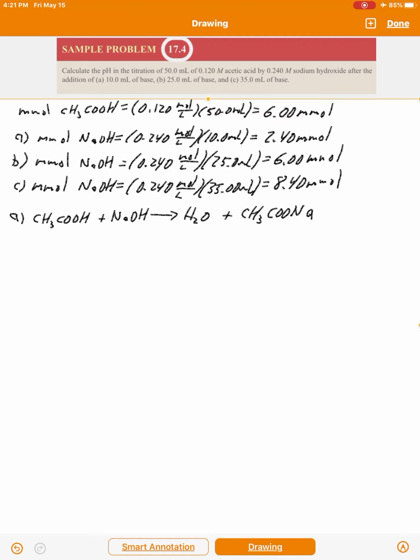Okay, the number of millimoles of the acetic acid is 6. For the sodium hydroxide, it's 2.40. This starts off as 0. We subtract the smaller amount of each reactant.